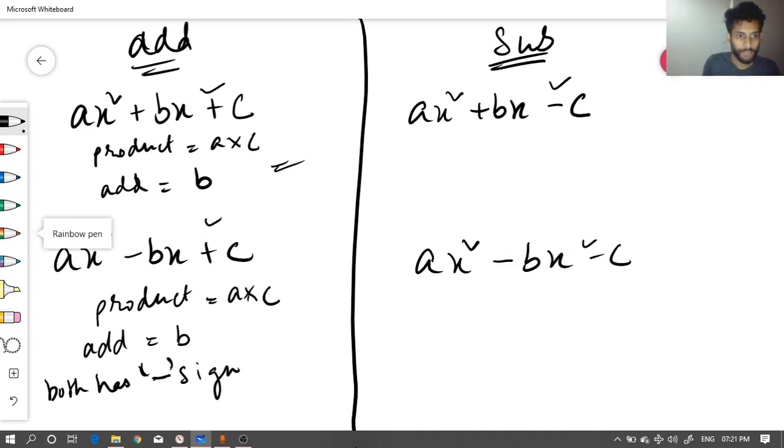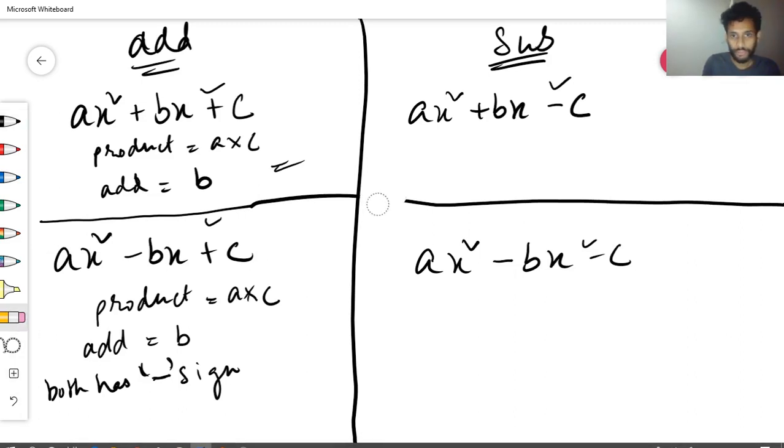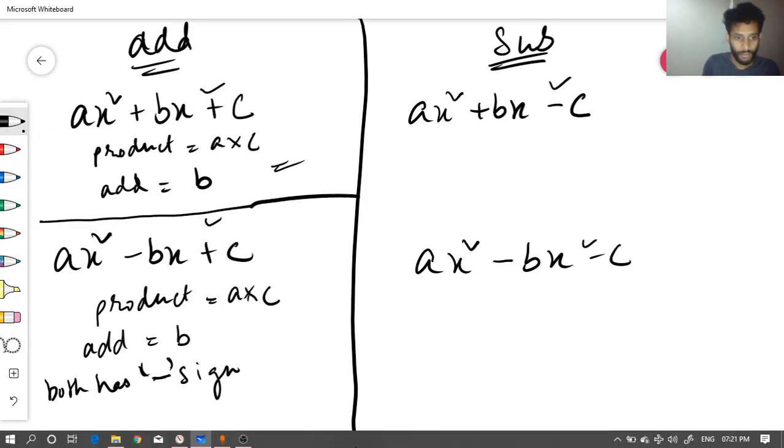Okay, just keep this in mind. I hope you got this. Both have minus sign.